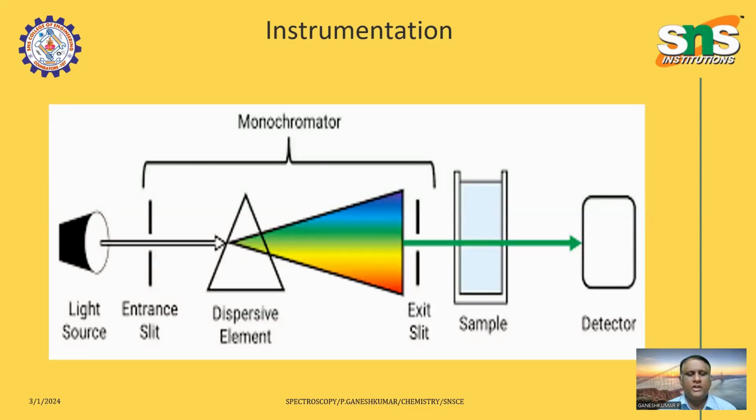So the exit slit selects a particular wavelength, allowing it into the sample container, and the sample container will absorb some part of the radiation. Then the remaining light is detected by the detector, and it gives the reading or the graph through which we can identify the concentration or amount of substance, or whatever else we discuss in applications.